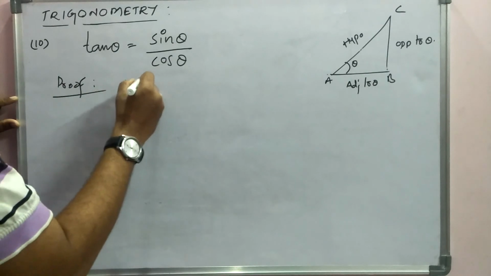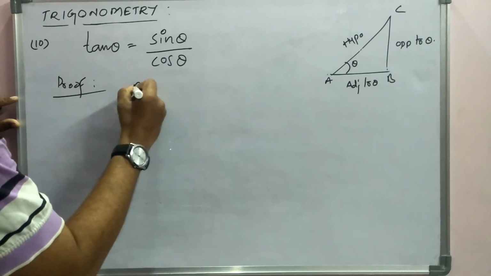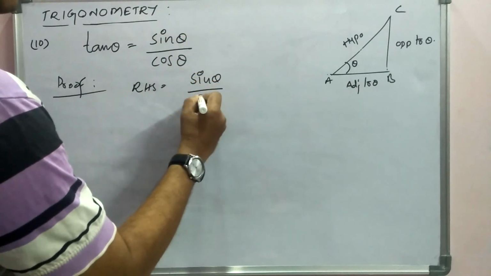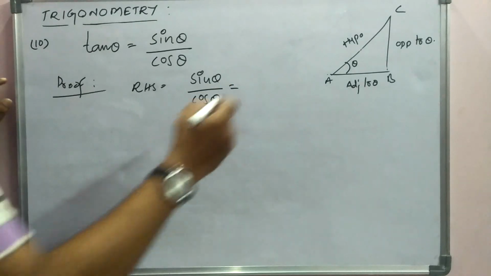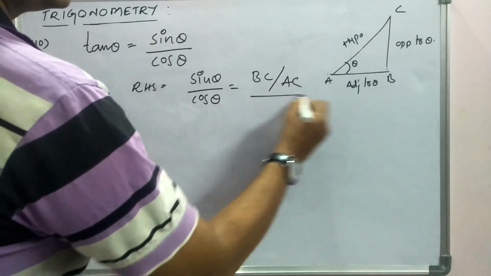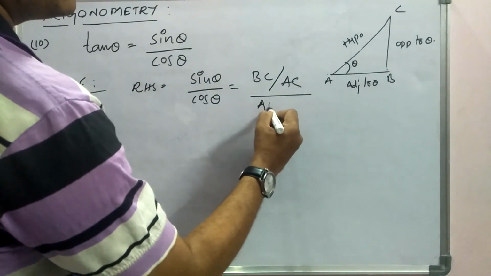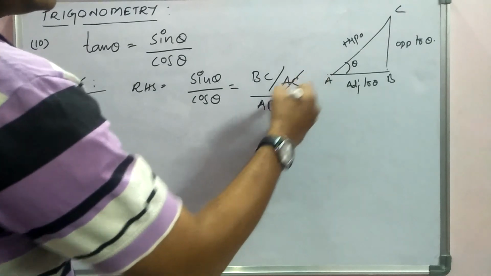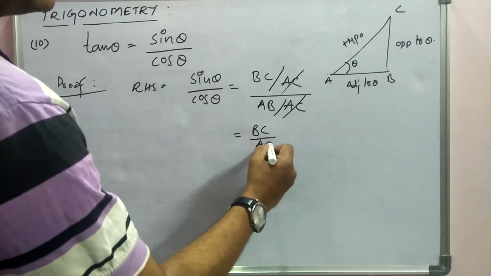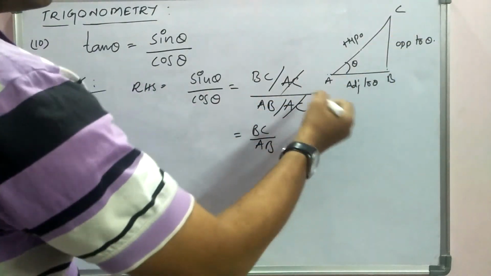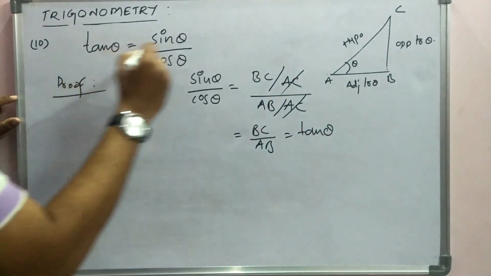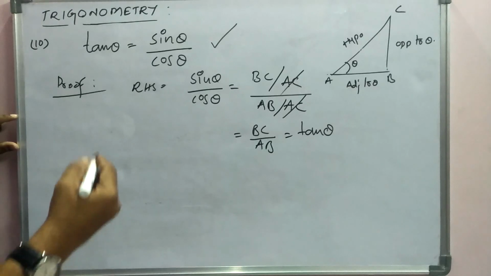Take the RHS value: sine theta by cos theta, where sine theta is opposite by hypotenuse, that is BC by AC, whereas cos theta is AB by AC. Dividing these two, it will be BC by AB. BC by AB, opposite by adjacent, is nothing but tan theta. Therefore, tan theta is equal to sine theta by cos theta.